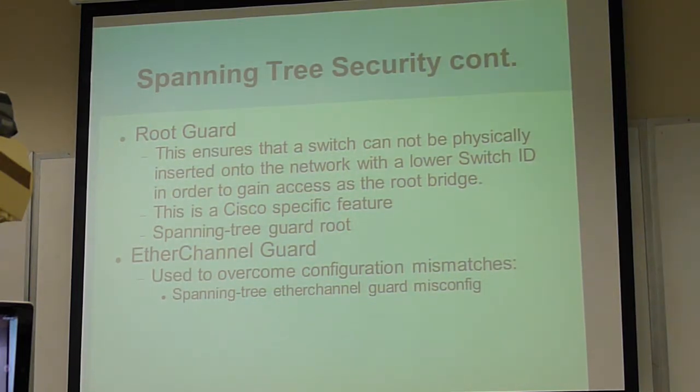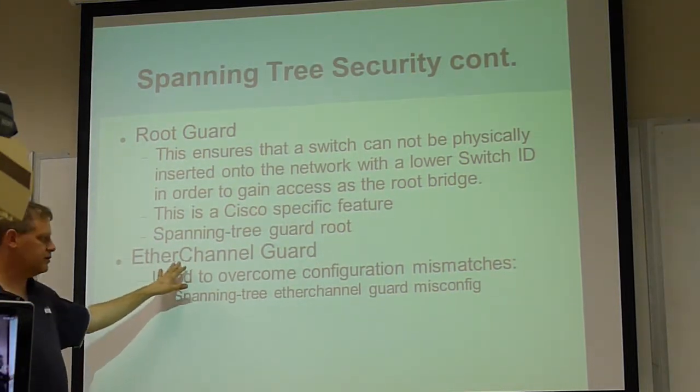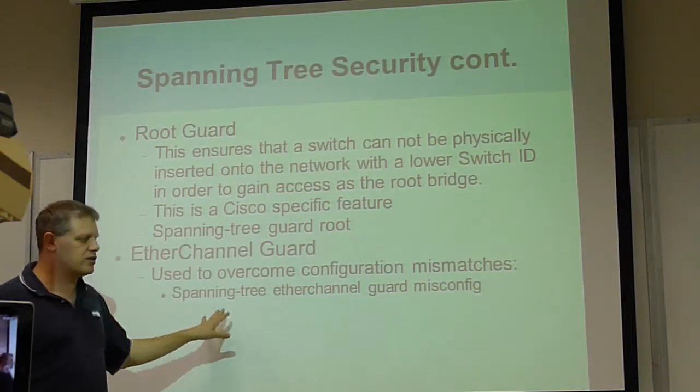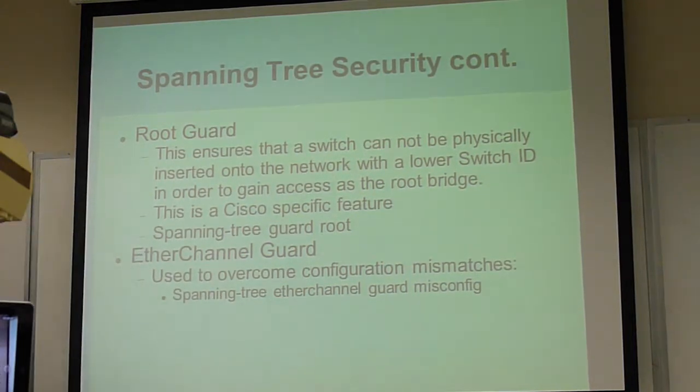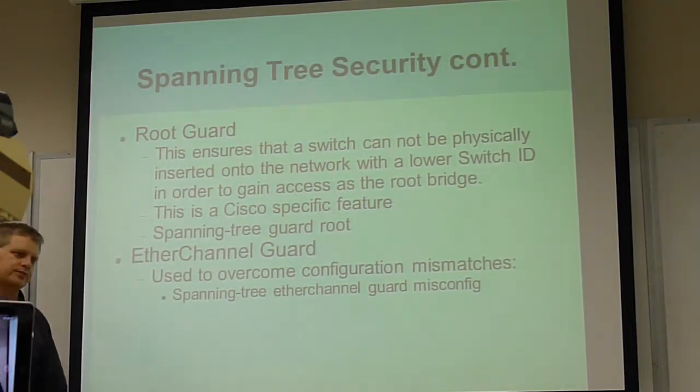So let's say that I have 2 gigabit connections here. I can combine them in an EtherChannel and get a 2 gigabit connection. Absolutely. And I can make sure that works with EtherChannel guard, to ensure that any type of misconfiguration between the 2 switches does not occur.